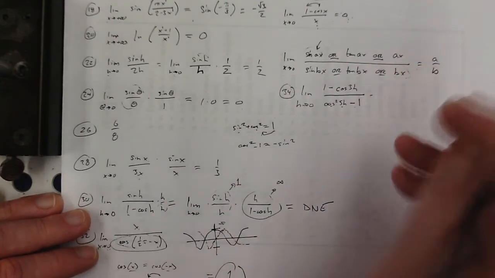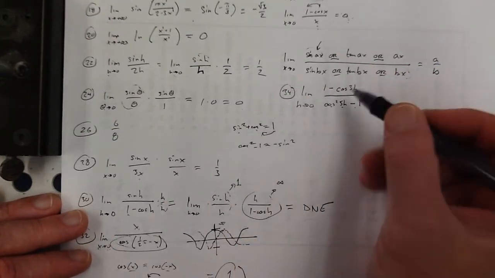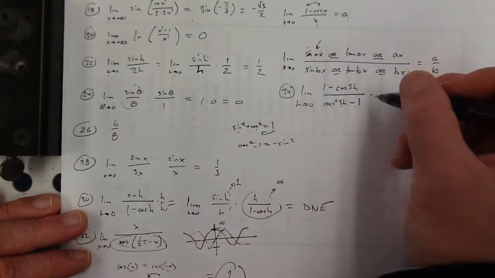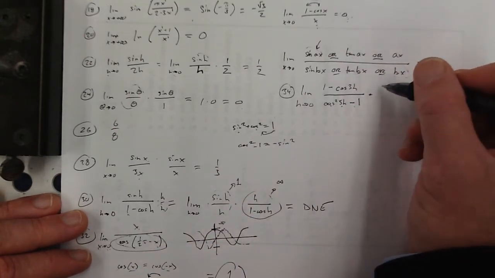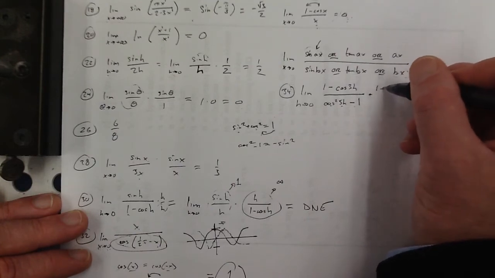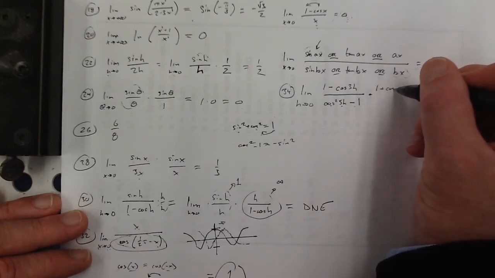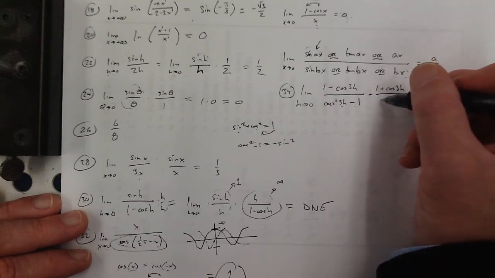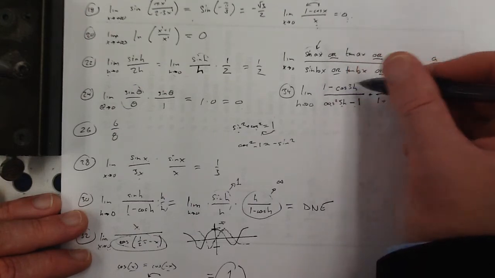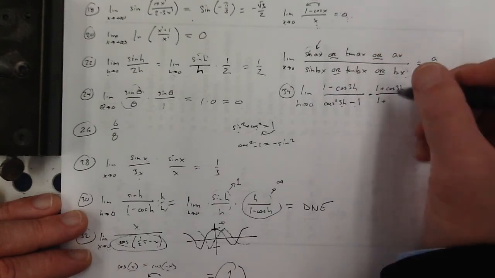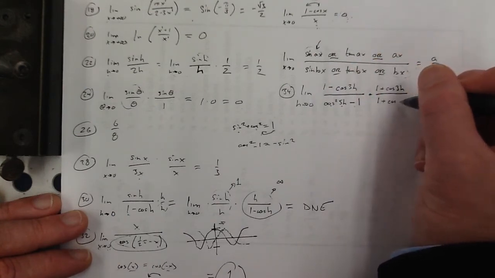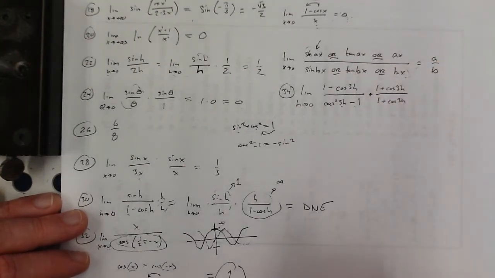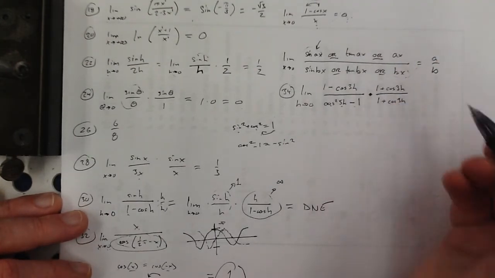So I could do that, and anytime you see this 1 minus cosine thing, one of the options you have is to multiply by this thing, which kind of looks like the conjugate of something, right? Instead of 1 minus, you multiply by 1 plus the same thing, and it does that difference of squares thing that you know about from various algebra classes that you took once upon a time. So that's what I'm going to do here.